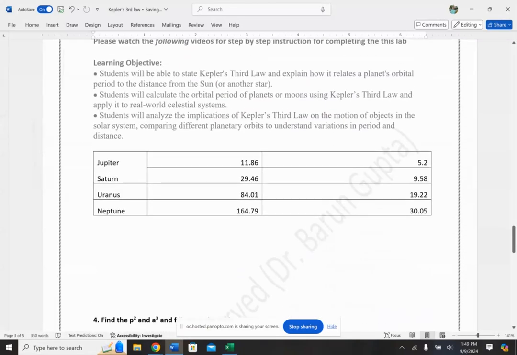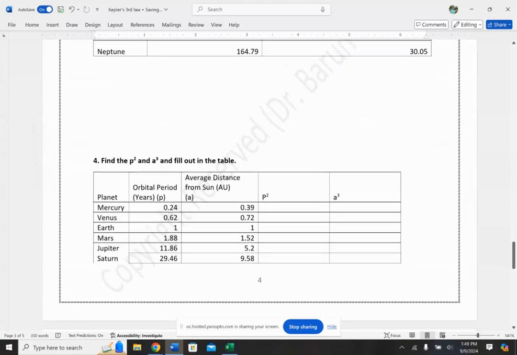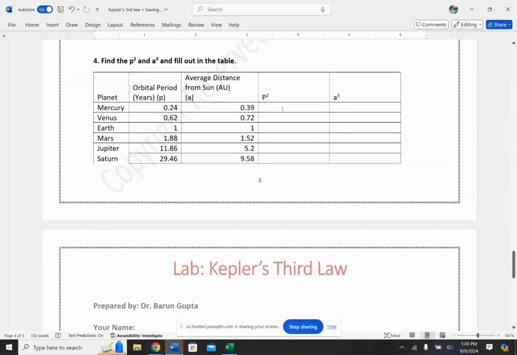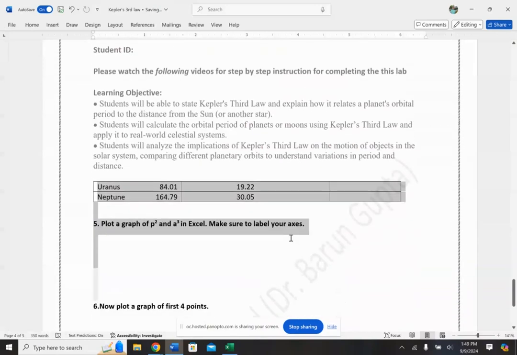So the next thing you have to do is fill out this table here. You have to find out P squared and A cubed. What is P here? P means you have to square this number here. And I'm going to show you one example, and I'm going to use Excel, and from there you should be able to do the rest.